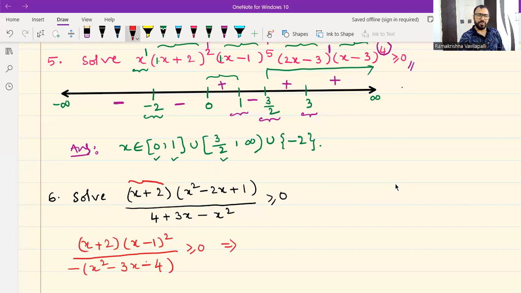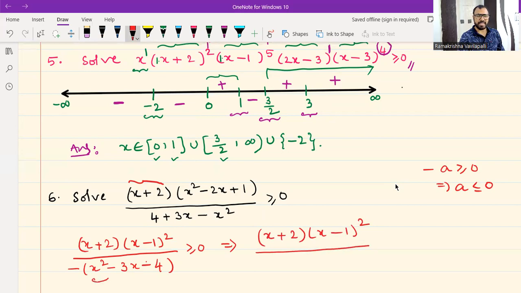Here you see, minus a greater than or equal to 0 is nothing but a less than or equal to 0, just multiply with minus 1. So this implies that x plus 2 into x minus 1 whole square, whole by, I can factorize this, directly x minus 4 into x plus 1, less than or equal to 0.